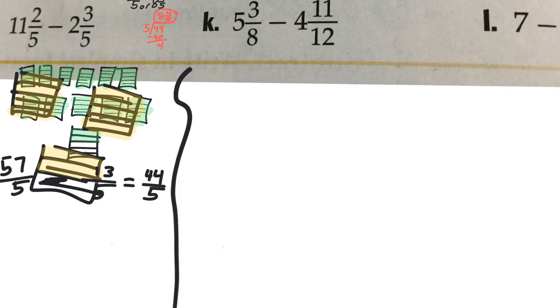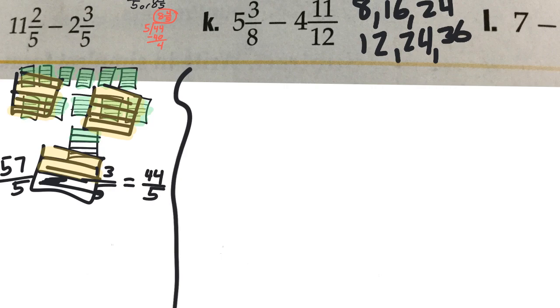So the multiples of 8 would be 8, 16, 24. The multiples of 12 would be 12, 24, 36. Then you pick the smallest one that matches in both lists. So there's no 8, there's no 12, there's no 16, but there is a 24 in both of these.